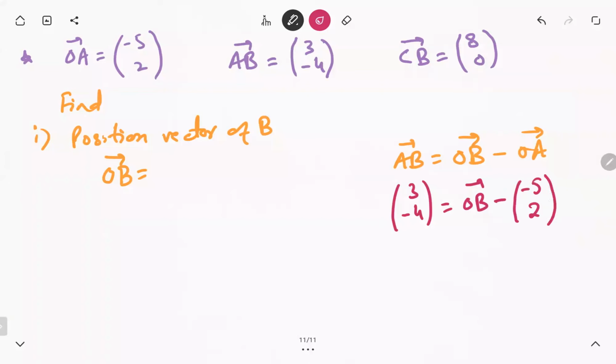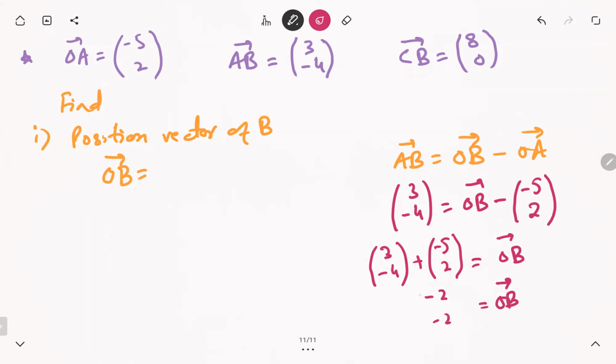If you want to find OB, shift -5, 2 to the other side. Here this matrix is being subtracted, so on the other side it will be added. So 3, -4 plus -5, 2. So OB is 3 - 5 is -2, and -4 + 2 is -2. So the position vector of B is -2, -2.